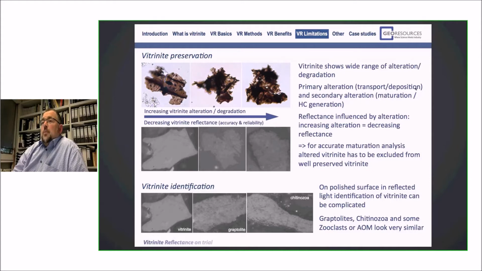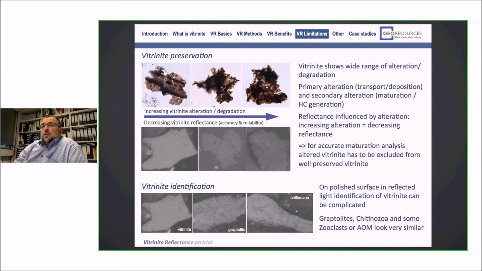And during the transport and also during the deposition in these sedimentary systems, the organic matter starts to get altered by chemical processes, oxidation, but also a lot by microbial attacks, which start to degrade the organic matter. And following this primary alteration, we have a secondary alteration, which is related to the maturation and hydrocarbon generation.